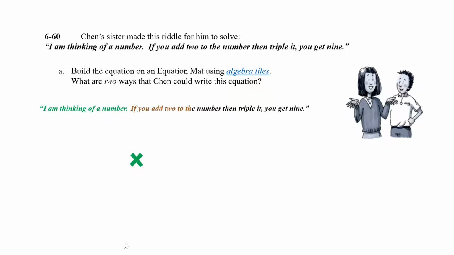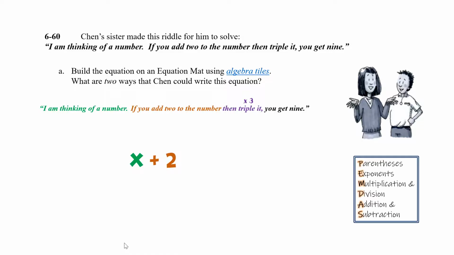The next part says if you add 2 to the number, so I know how to add 2 to a number, right? I'm just going to add 2. The next part is where it gets a little bit tricky. It says then triple it. So triple, of course, just means to multiply it by 3, but that "then" is really important.